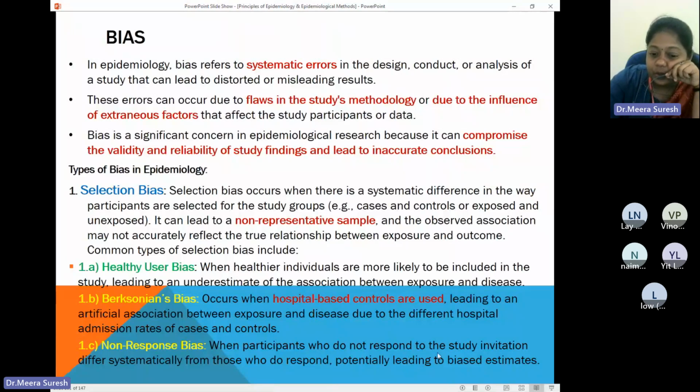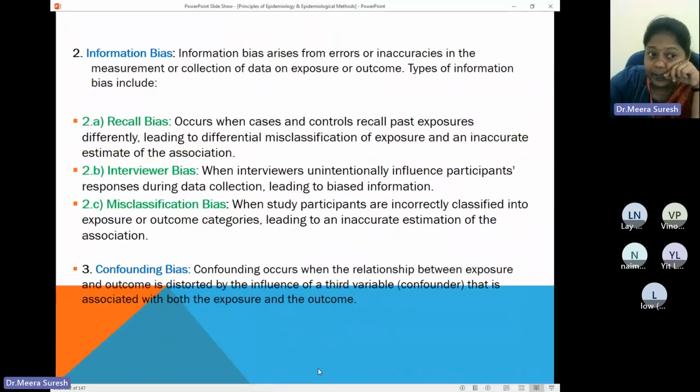So participants who do not respond to the study invitation, and who differ systematically from people who do respond, lead to a biased estimate. You take 9,000 people as controls and only 2,000 replied, and your cases are actually 3,000. So there is a big difference in that estimation. So that is selection bias.